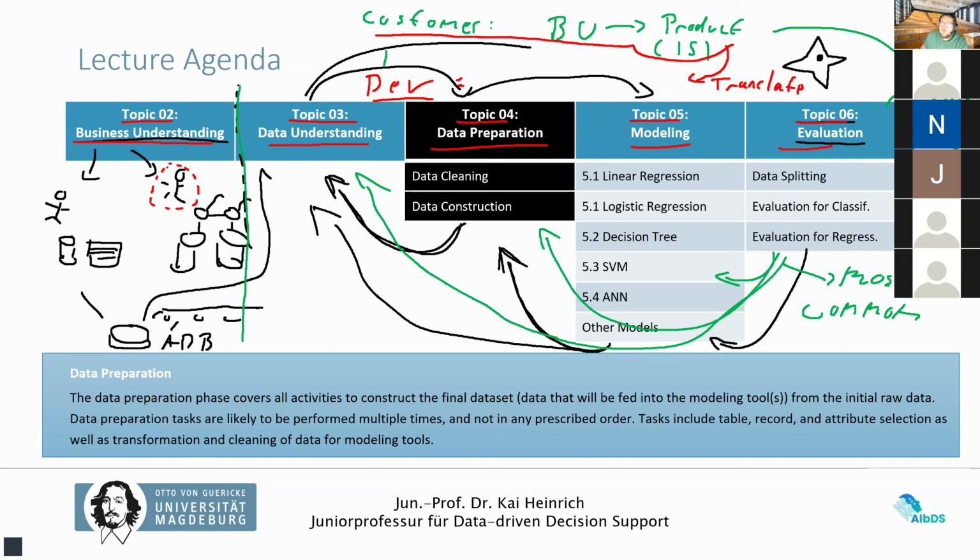We have a problem, a decision problem, a business problem, and we want to solve it. What people did a lot in the past, before AI came up, was big data. You probably have heard of big data. In big data, they had all these databases, these NoSQL databases, the data lake architecture.